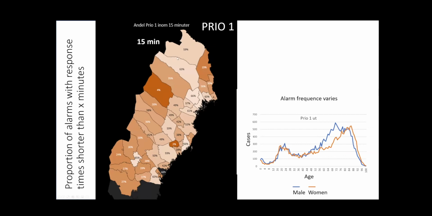The alarms are divided in priority 1, that is really, really serious, priority 2, serious, and priority 3, basically things that can wait. So this is the data for priority 1, the most serious one. You can see in this area, 59% of the alarms took more than 15 minutes.